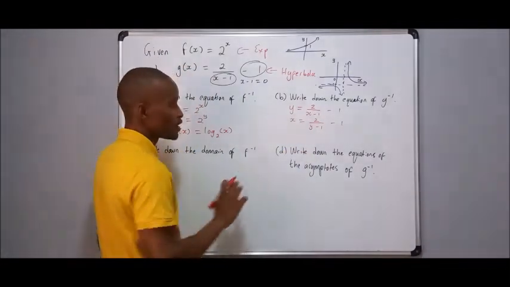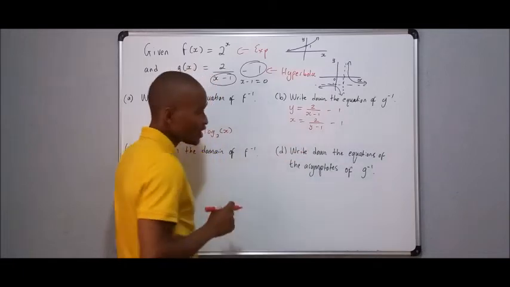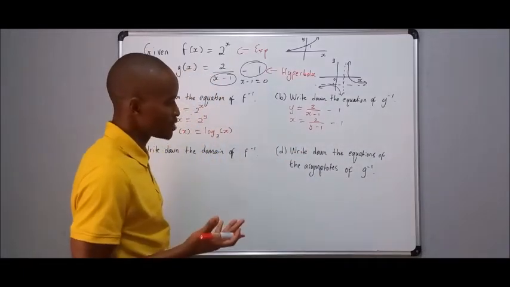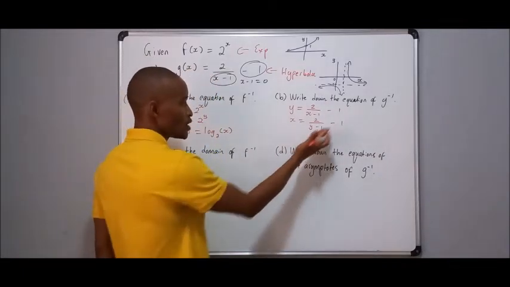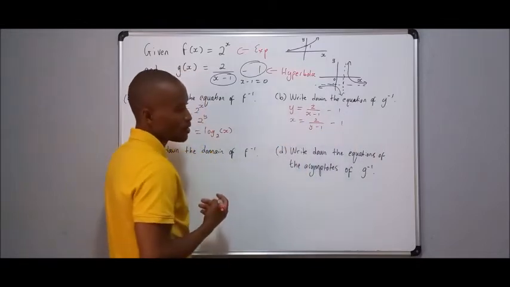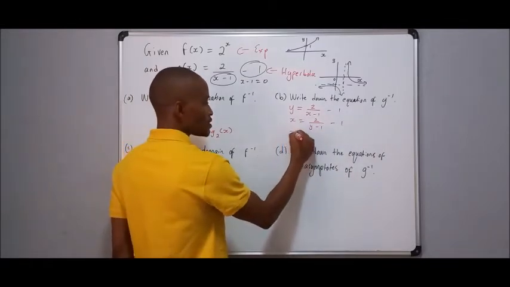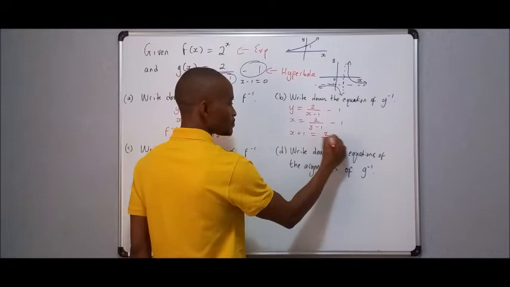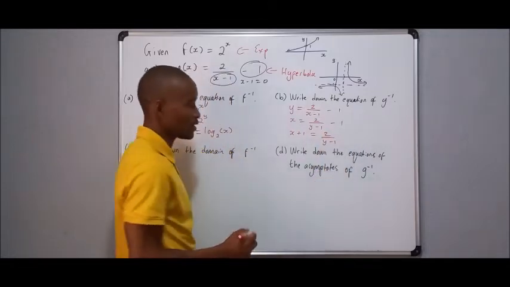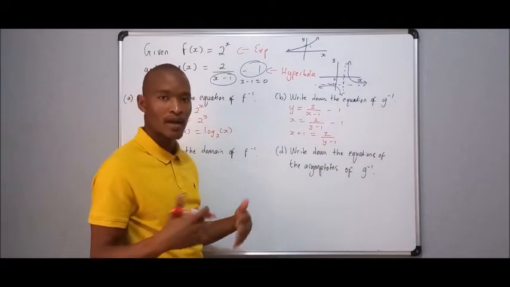Okay, good stuff. So you need to perform some algebraic steps there. Simple, straightforward. You transpose the minus 1, it becomes a plus 1. Okay, and you cross multiply and you invert.